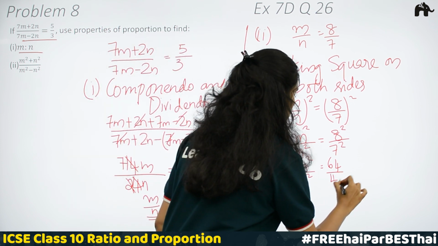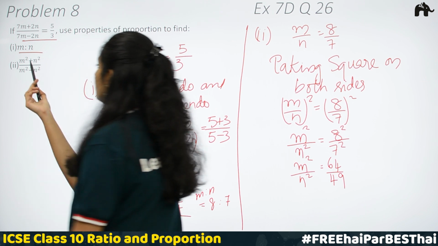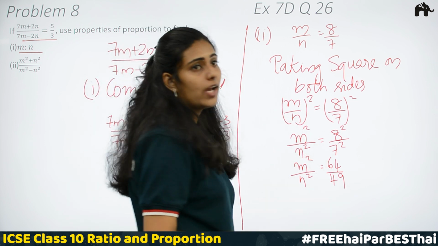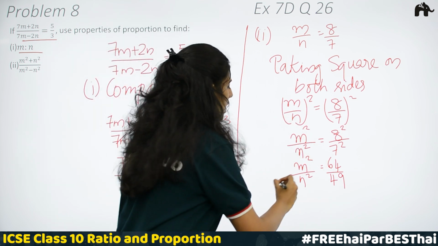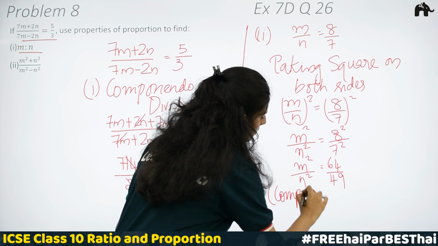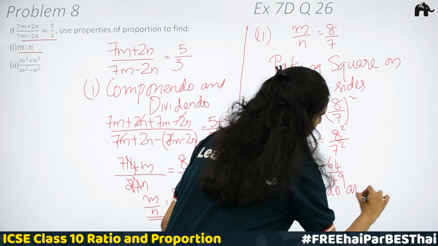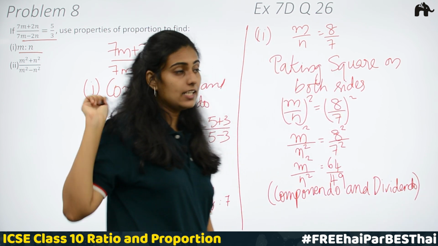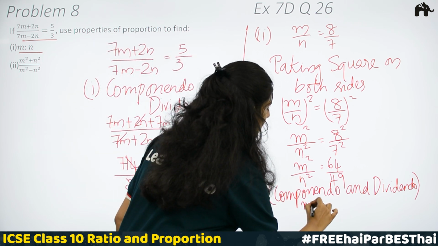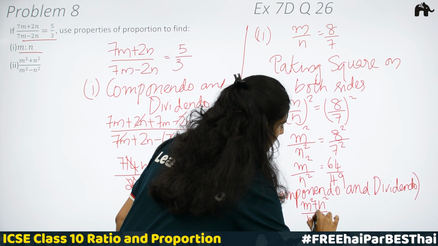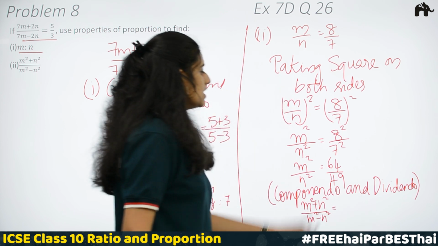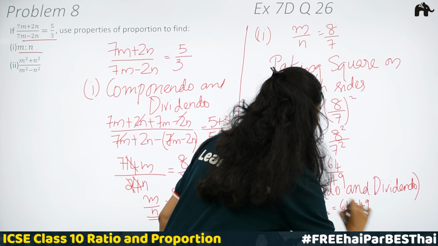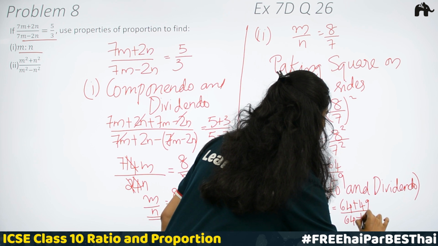Now, here we need m square plus n square, denominator m square minus n square. We need to apply the componendo and dividendo property. On applying componendo and dividendo property, we will get a form that is in the given question. That is m square plus n square divided by m square minus n square is equal to 64 plus 49 divided by 64 minus 49.